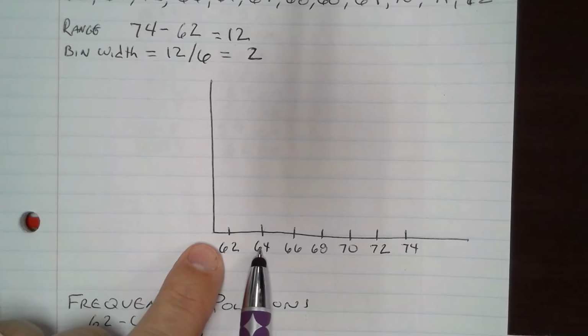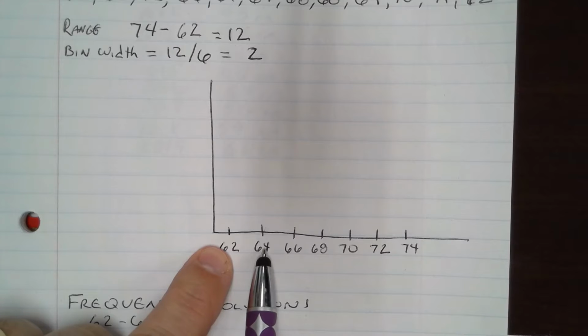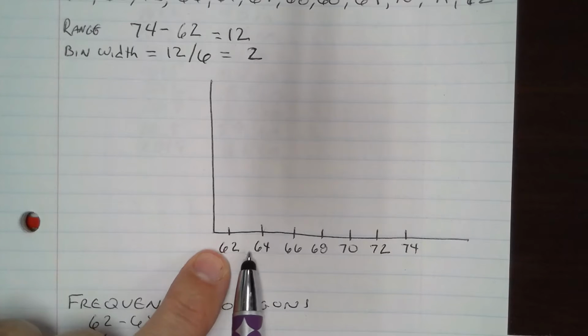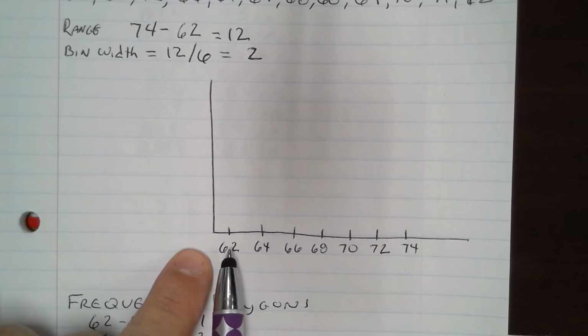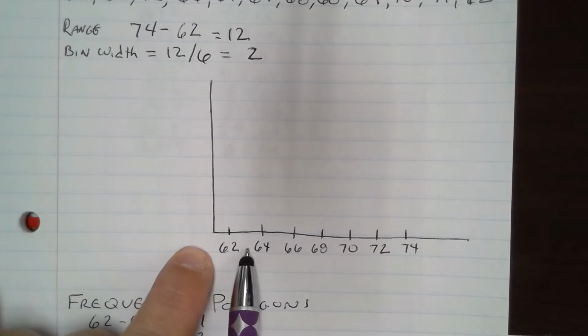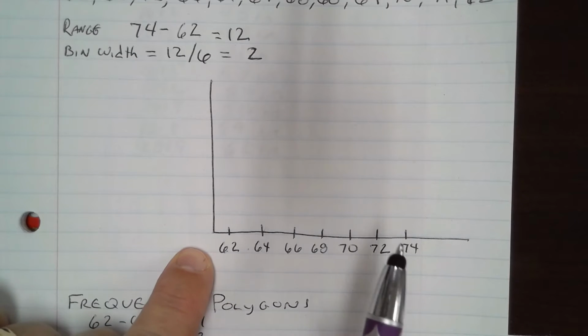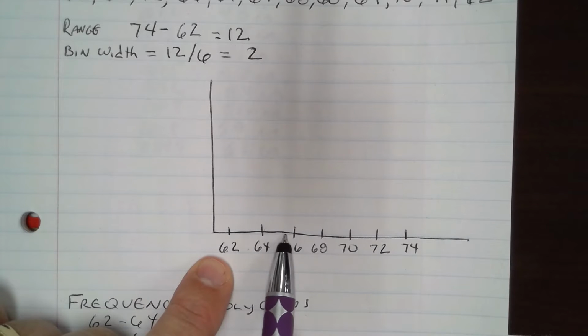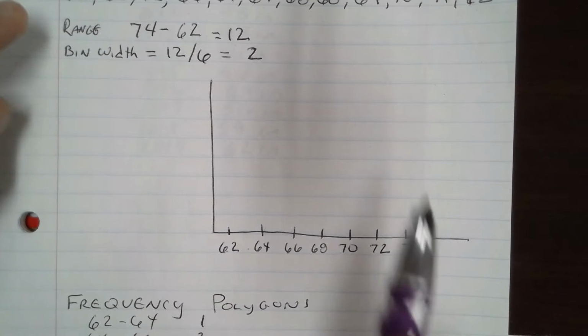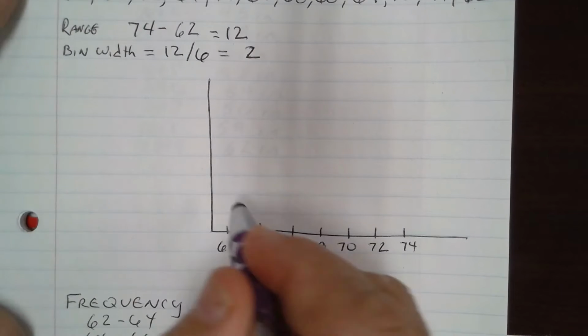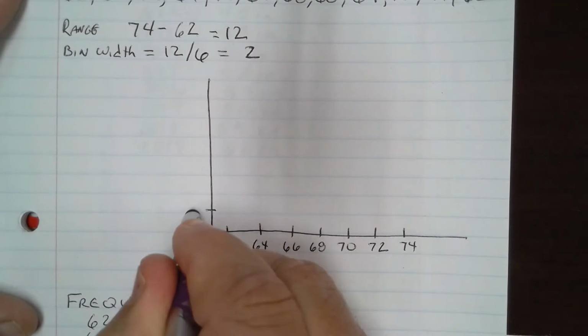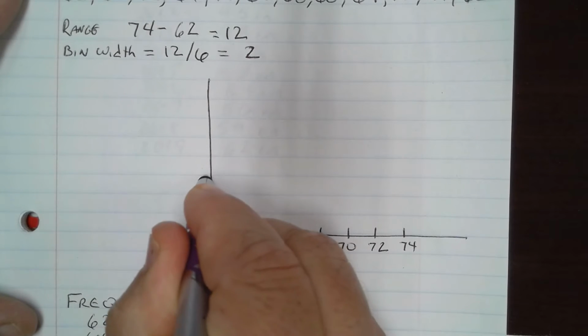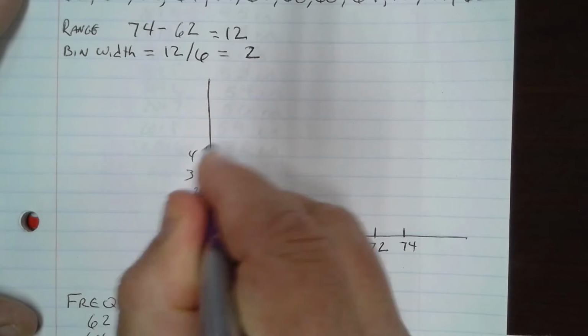Now here's the thing to remember. Within this interval between 62 and 64, I'm going to have all numbers from 62 up until 64, not including 64. Does 64 go on this side or this side? Yeah, the bigger side, right? Then I do my frequency. I'm going to go 1, 2, 3, 4, 5.